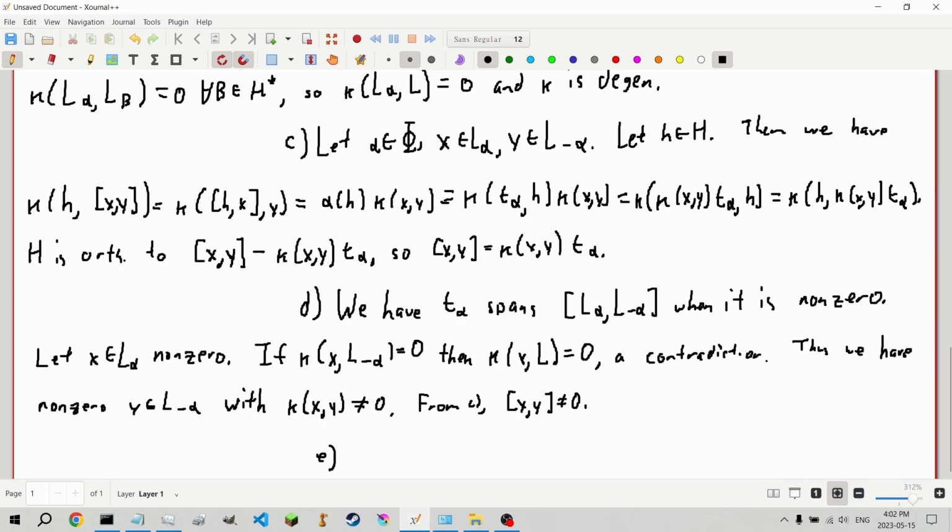Part E, which states that the root alpha of T alpha is equal to the killing form of T alpha with itself, which is non-zero.